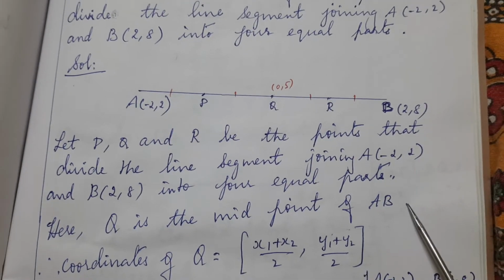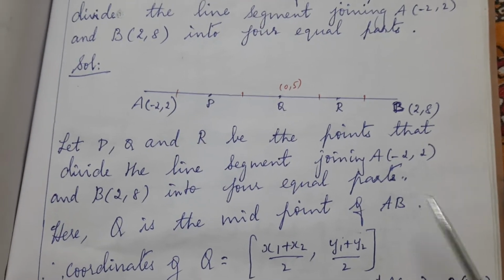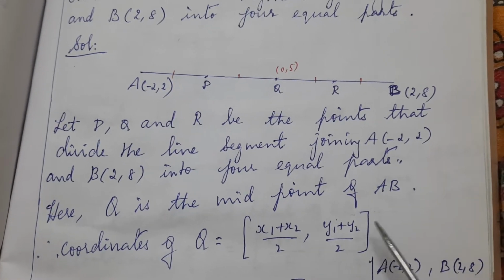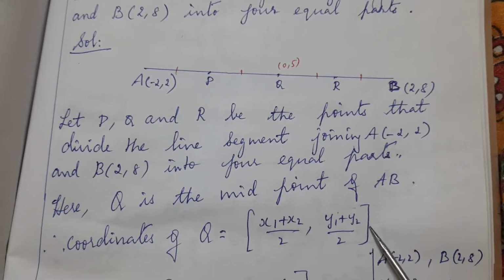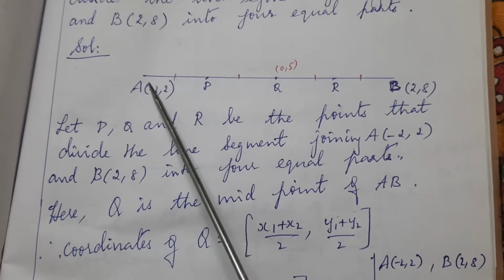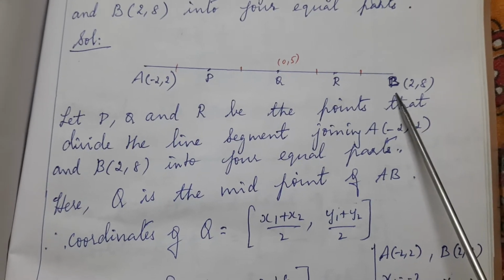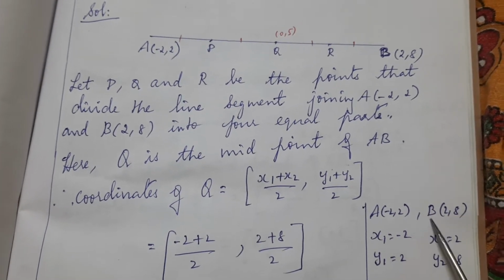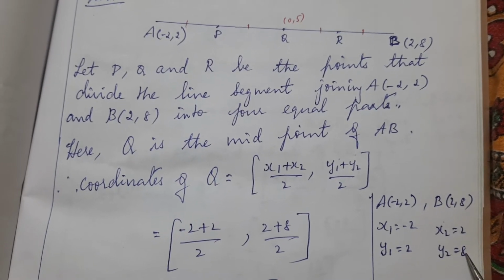Since it is the midpoint, we know the formula for the coordinates of the midpoint. Coordinates of Q is (x1 plus x2) by 2, (y1 plus y2) by 2. Since we have taken Q as the midpoint, A will be x1, y1 and B will be x2, y2. So A of (-2, 2) is x1, y1, and B of (2, 8) is x2, y2.